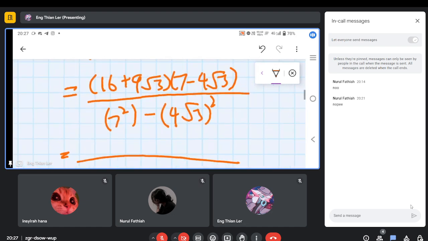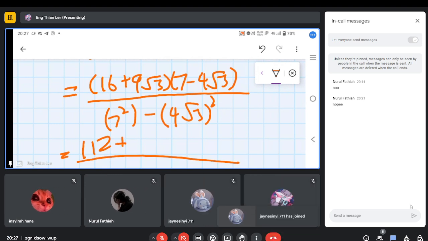16 multiplied by 7 is 112. 16 multiplied by negative 4√3 is negative 64√3.